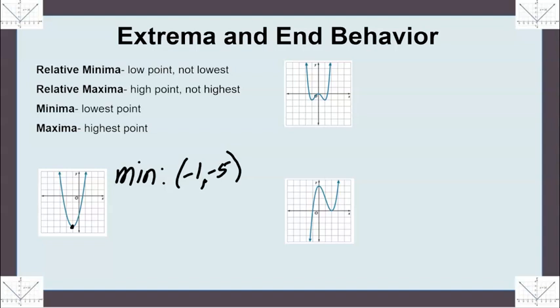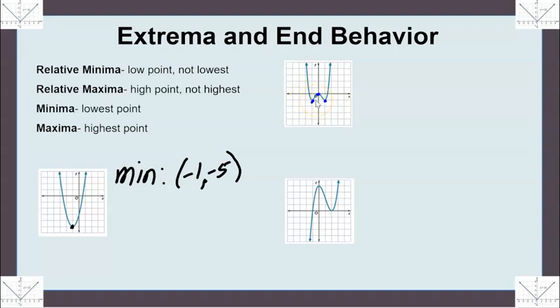The next graph, I have a low point here, I have a low point here, and I have a high point here. So let's do the low points. These two low points here, it doesn't go lower than that.